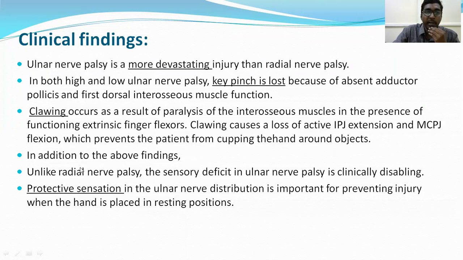In addition, unlike radial palsy, the sensory deficit in ulnar palsy is clinically disabling, because the protective sensation in the ulnar distribution is important for preventing injury when the hand is placed in resting position. Because we have to keep the hand like this, the sensation is absent. The protective sensation is lost in case of ulnar injury.